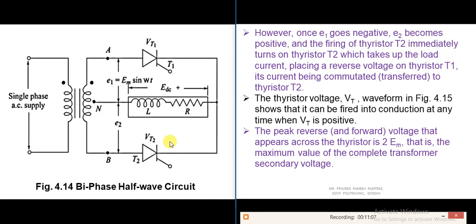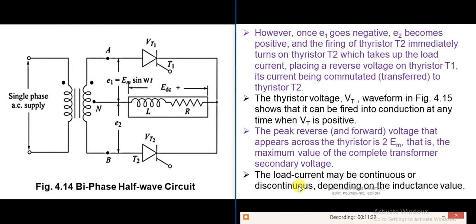If the peak inverse voltage rating or peak forward voltage rating across the SCR is less than twice the maximum input voltage, both SCRs will burn. The load current may be continuous or discontinuous depending upon the value of the inductor.